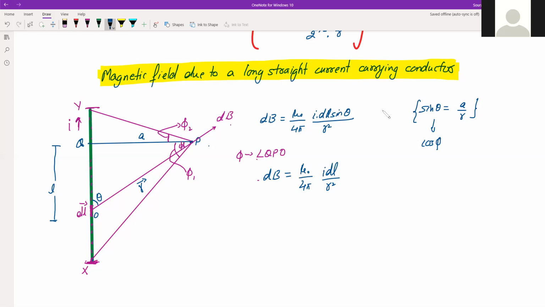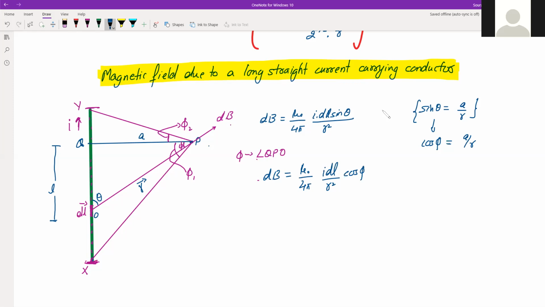The only thing is now our expression is in terms of phi. So this is cos phi, which is equal to a by r. So this is also equal to a by r. The value doesn't change, but we have the expression in terms of phi, and now phi is a variable which changes from phi 1 to phi 2.